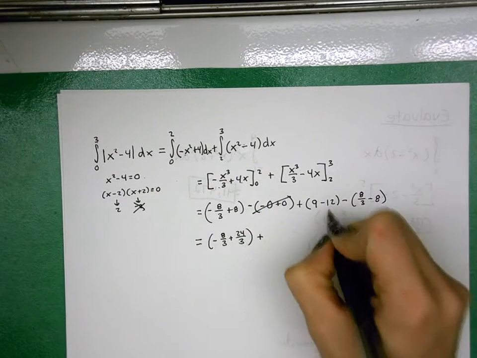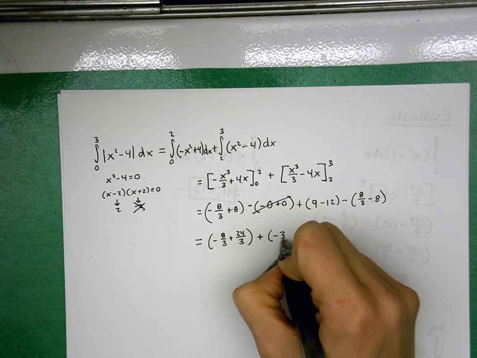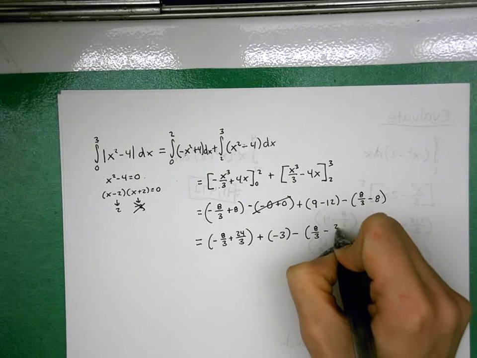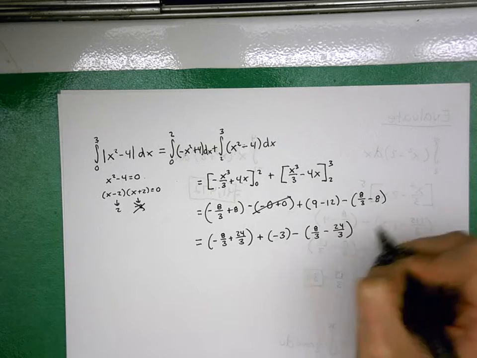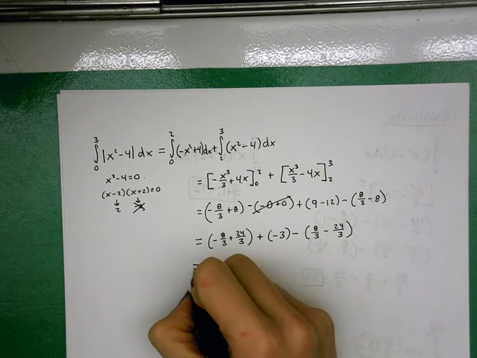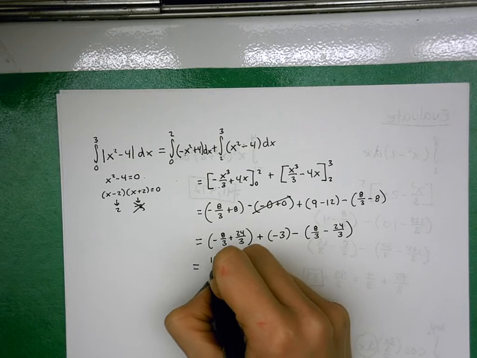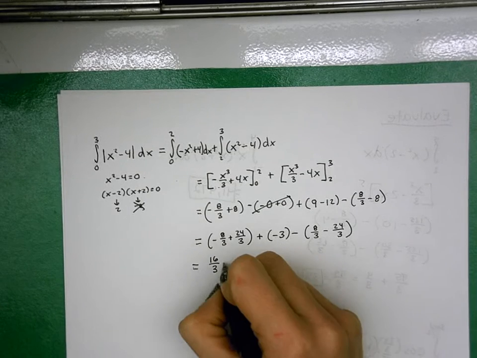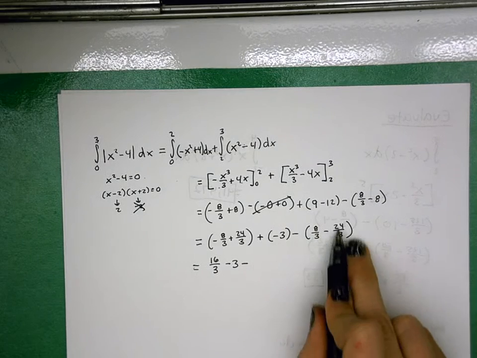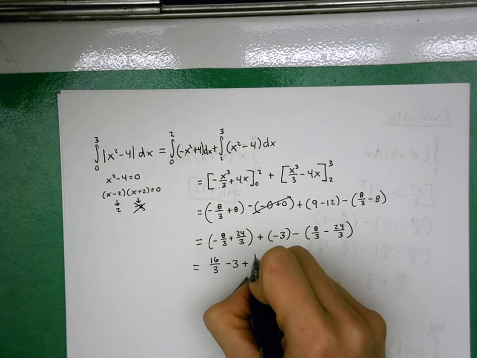Over here we have 9 minus 12, which is negative 3. And over here 8/3, and then again 24/3. Well, negative 8/3 plus 24/3 is 16/3. We have our negative 3 minus, and then 8/3 minus 24/3 is negative 16/3.